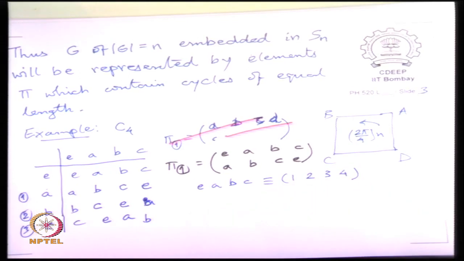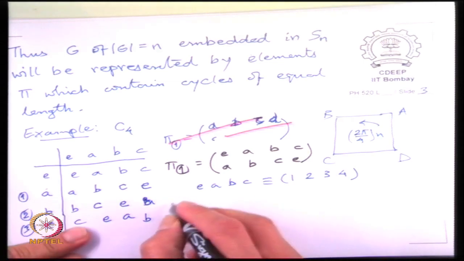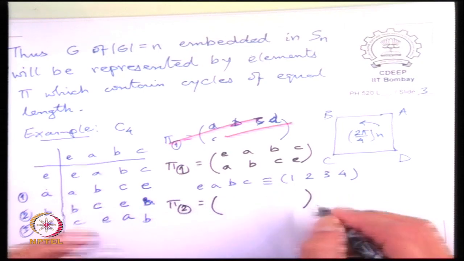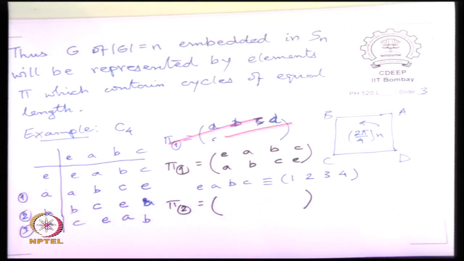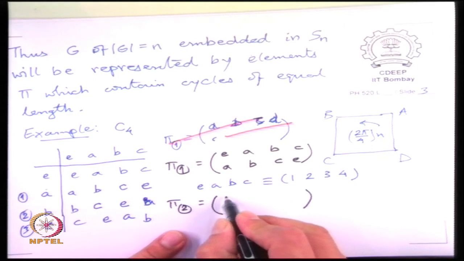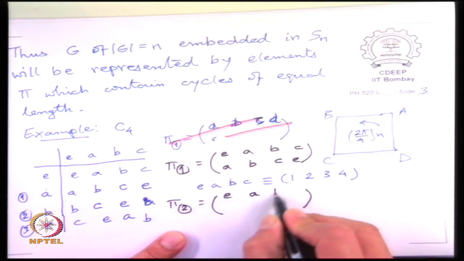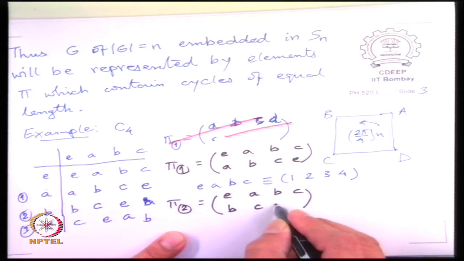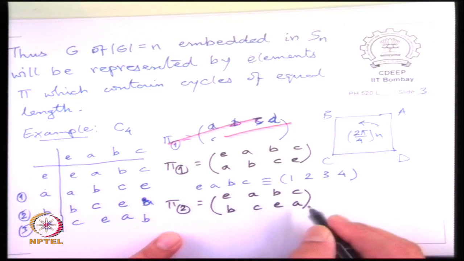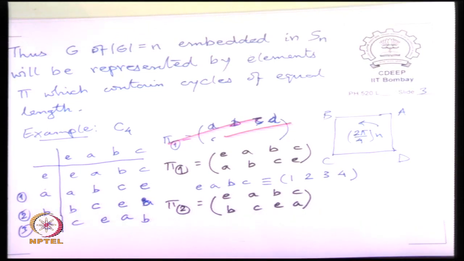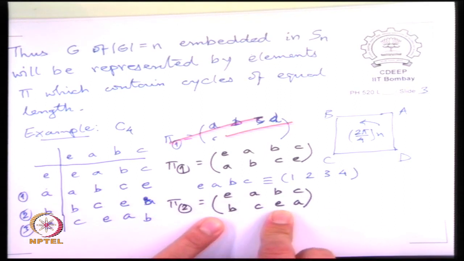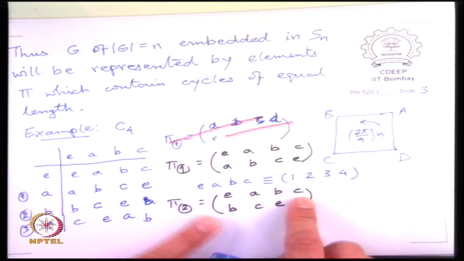Next let us write pi 2. So what do we get with pi 2? It splits up into two cycles. E goes to B, but B goes back to E. So there is an EB cycle, and then E goes to C, C goes to A. So there is another cycle.